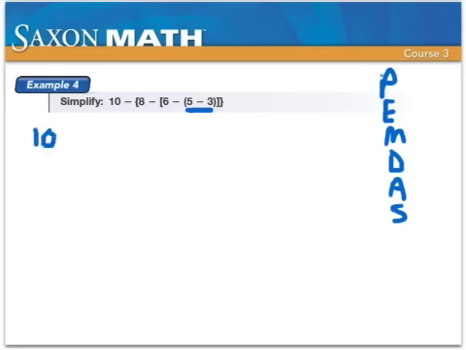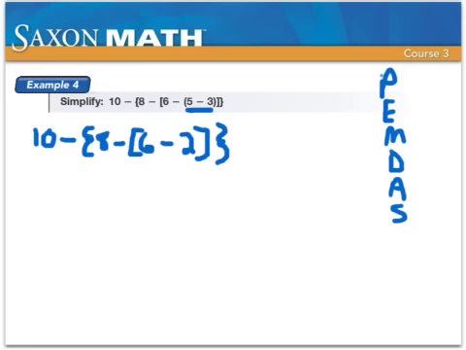So 10 minus, I'm going to keep my brace. 8 minus, keep your bracket. 6 minus, and now 5 minus 3, the parentheses we're going to do, that's 2. And then I have to keep my bracket and my brace. Okay?